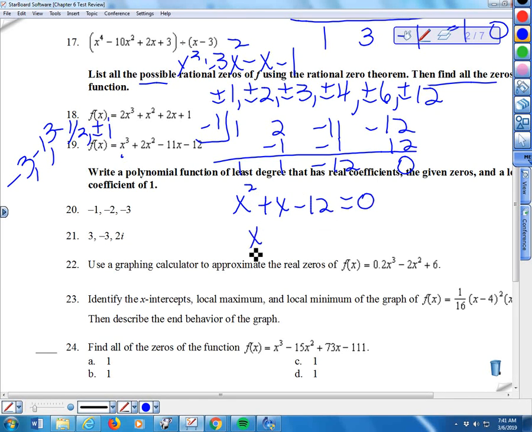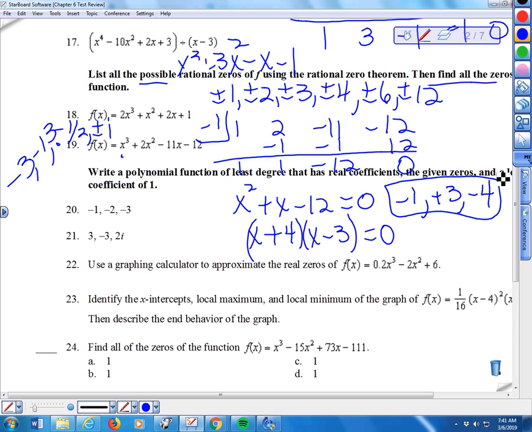Factor it: x plus 4, x minus 3. So I wasn't quite right when I read that. It's actually going to be negative 1, positive 3, and negative 4. Those are my real zeros.